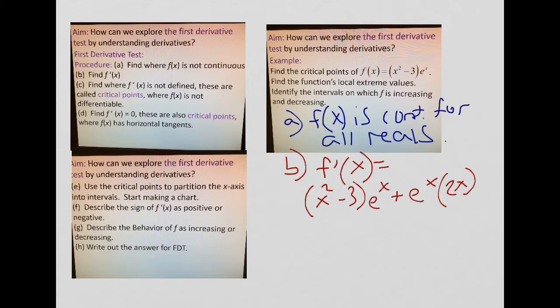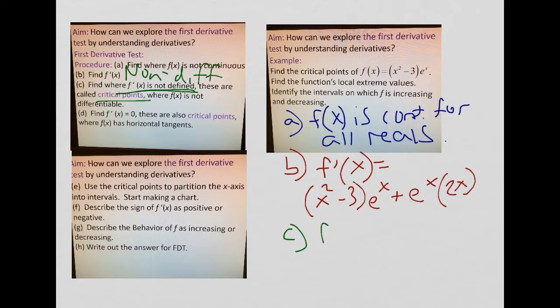Let's move on to C. So this is where we look at f prime of x to see where it's not defined to find any critical points. Okay, so if f prime of x is not defined, that means it's non-differentiable. But if you look at our function, okay, e to the x is differentiable at every x value, so it is like 2x or x squared.